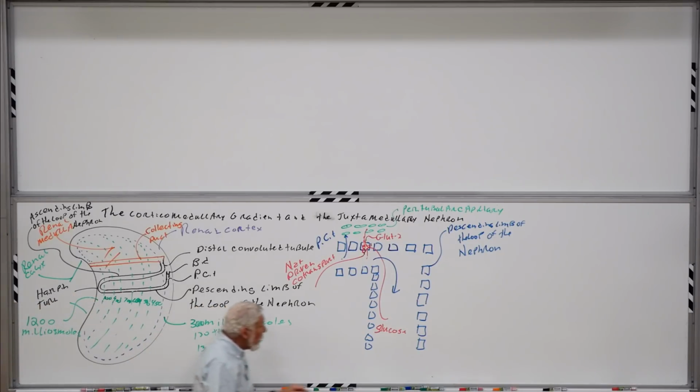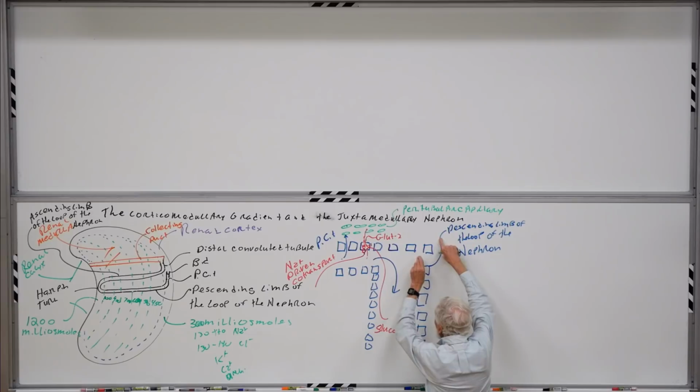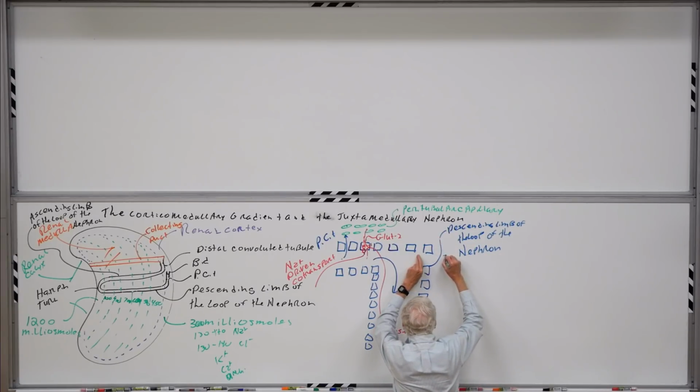And simply to put some numbers on this, because out here we're in the cortex, the concentration out here is going to be about 300 milliosmoles.